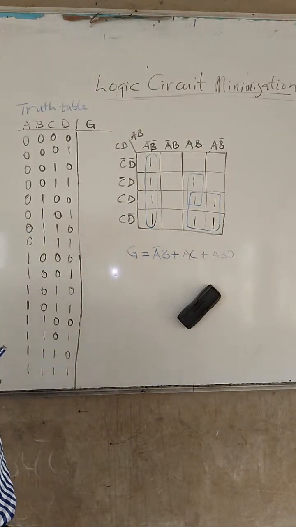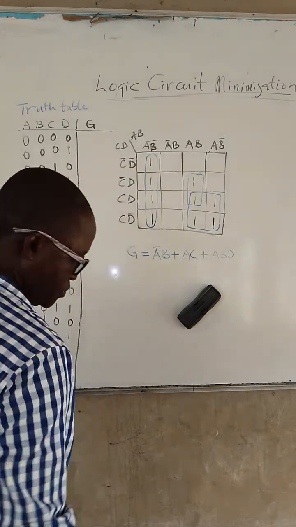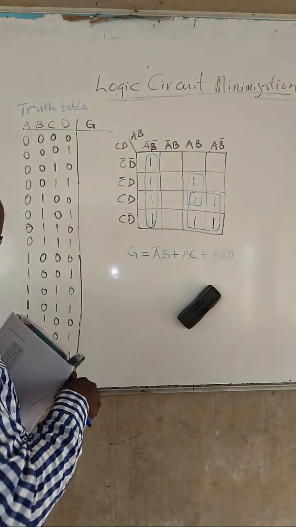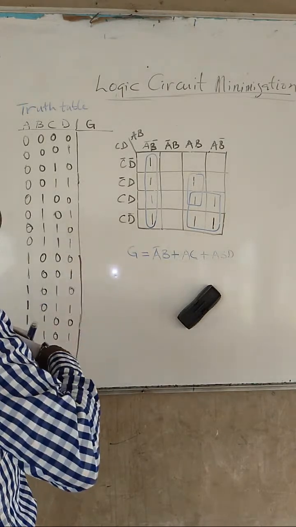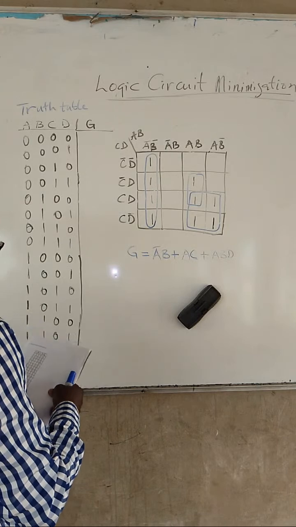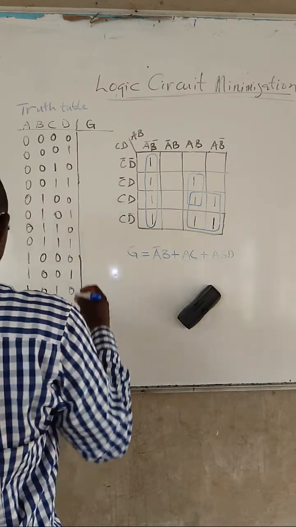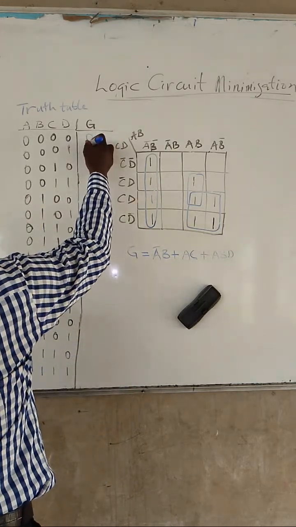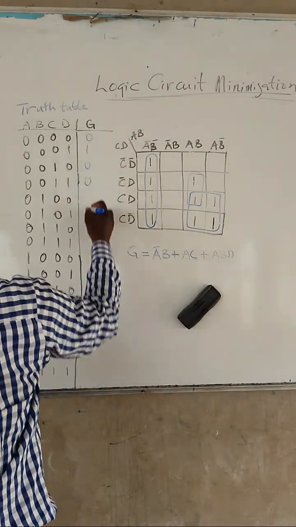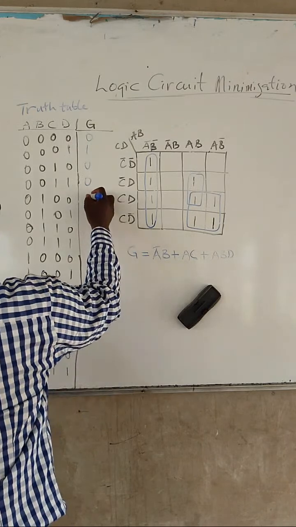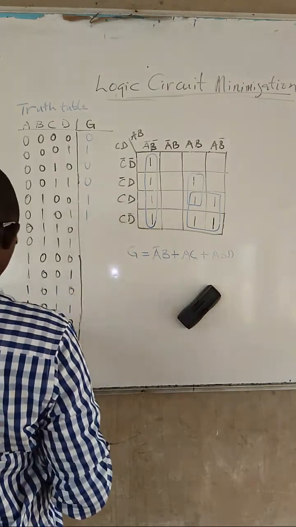Okay, so I want to put the output of the gates now. Output of the gates, that is the output of the combinational logic circuits. That is output G. We're still going to have output G. But here we have 0, 1. Next we have 0, 0. And then we have 1, 1.